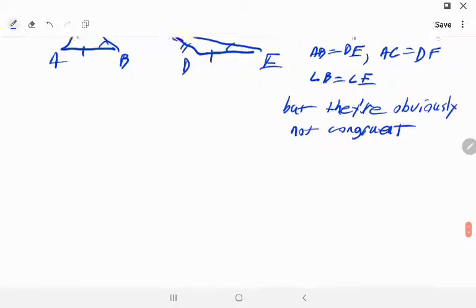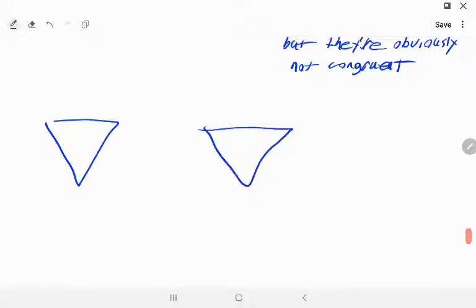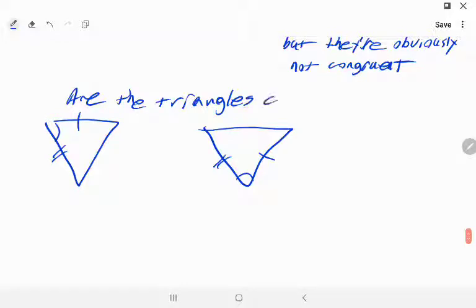A typical question would be to just be given two triangles with little marks, and ask, are the triangles congruent? And why?